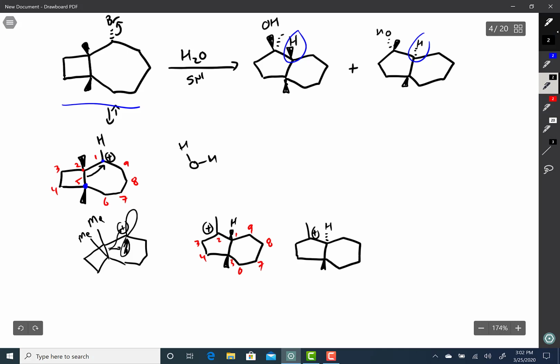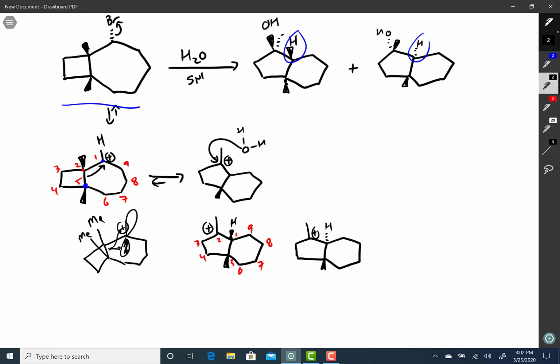And then water can add to that. And we can add from the top or the bottom face.